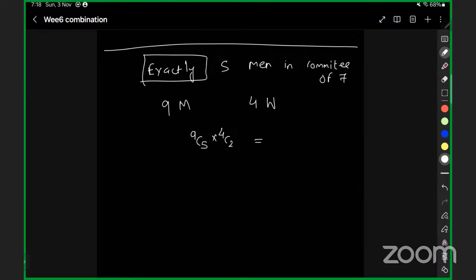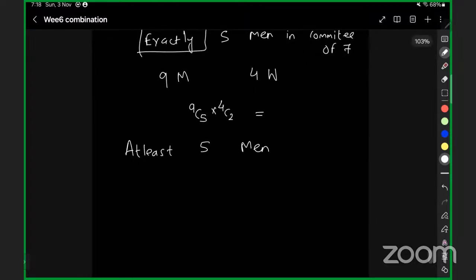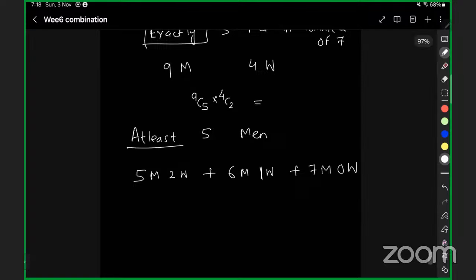So if I said at least 5 men, then we can choose 5 men, 2 women, or 6 men, 1 woman, or 7 men, 0 women. Right. So these 3 cases will be there if I asked about at least 5 men.